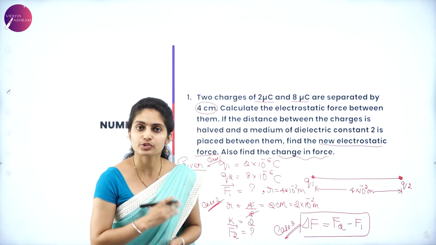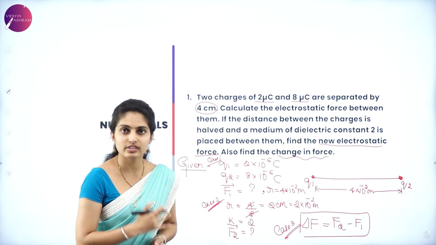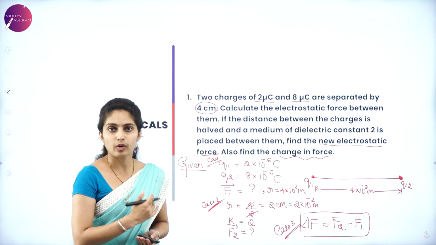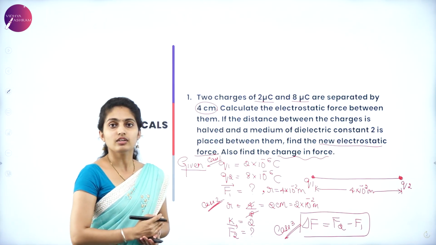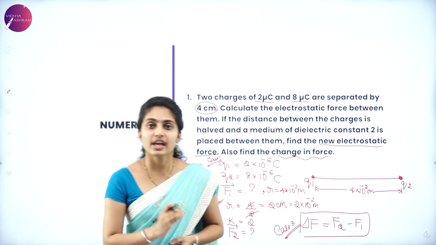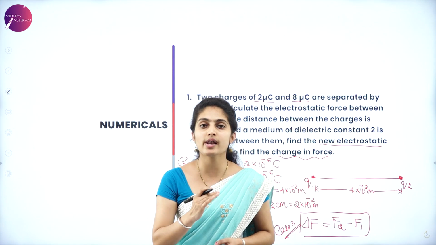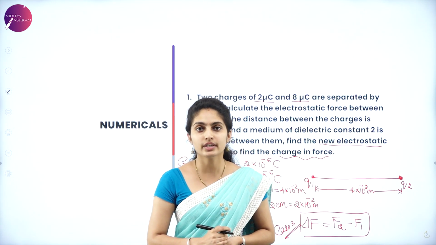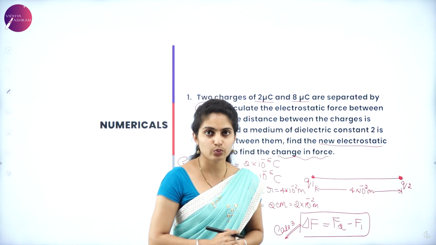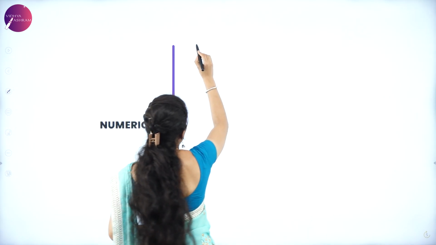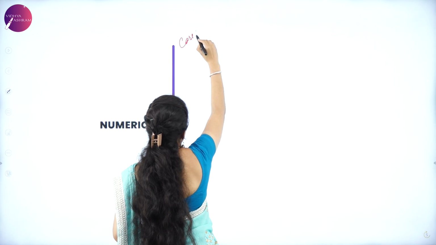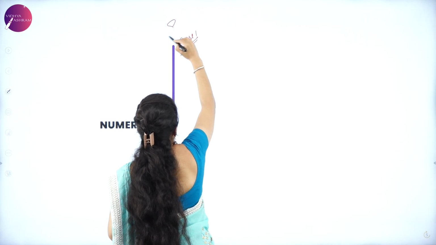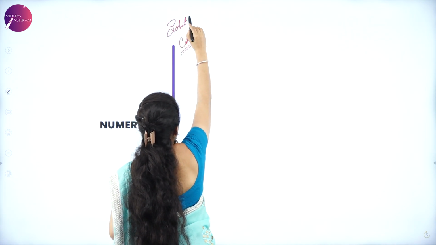In order to proceed with the same numerical, let us deal with the problem, having the formula F is equal to 1 by 4 pi epsilon naught mod of Q1 into Q2 by R square. So let's deal with that. We have case 1, this is the solution for us to start with.